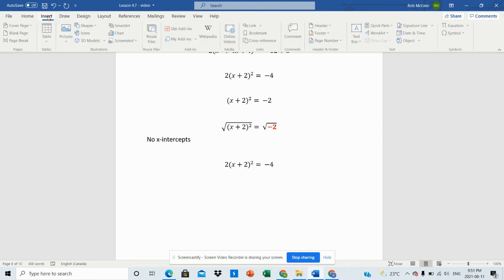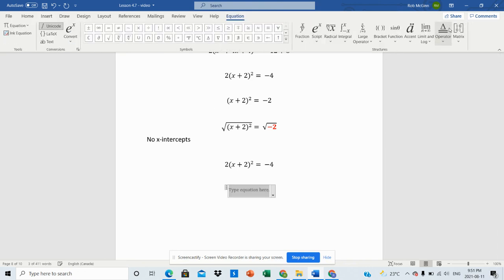And I think this is really neat, and we're going to see this in Friday's lessons anyways. So let's just show it to you now. I'm going to just rewrite this. So we got x plus 2 squared, and when I bring that minus 4 over to the other side, it becomes a plus 4. I'm just going to have that equal to 0.